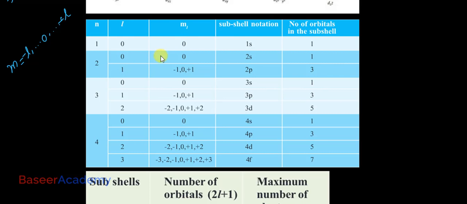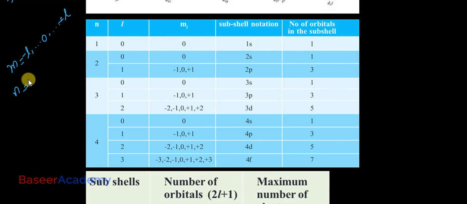When the value of L is 0, the M value will be 0. When L is 1, obviously M would be -1 to +1, right? When L is 2, M will be from -2 to +2. When L is 3, M will take values from -3 to +3.